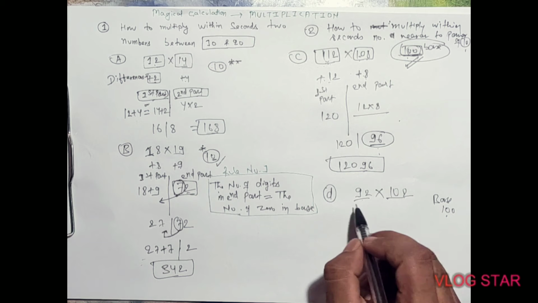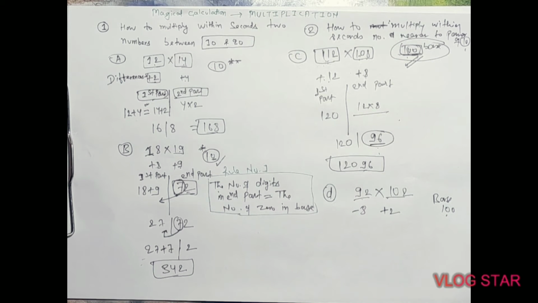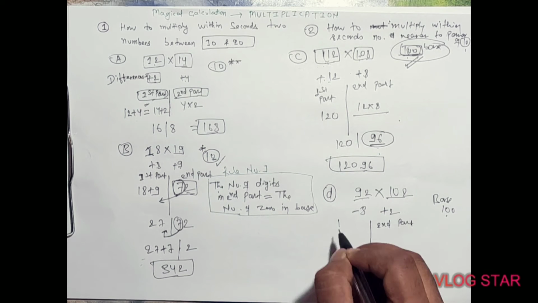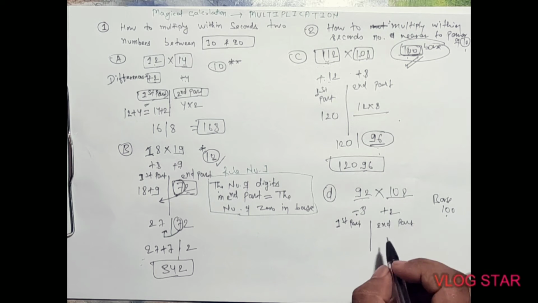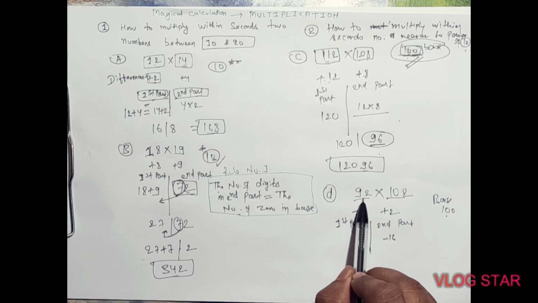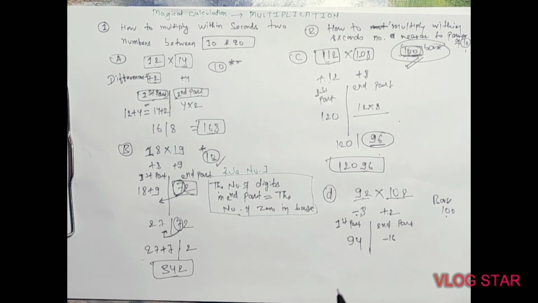Here the difference is minus 8, and here plus 2. Now again, second part, first part. Multiply these two numbers, we will get minus 16. Add 92 plus 2 or add 108 minus 8, then we will get 94.